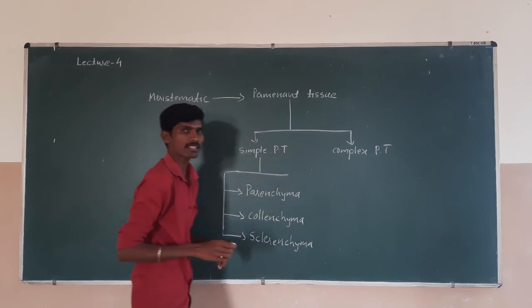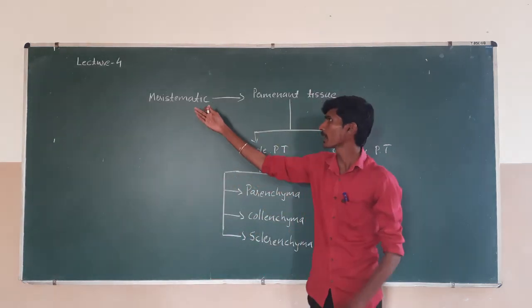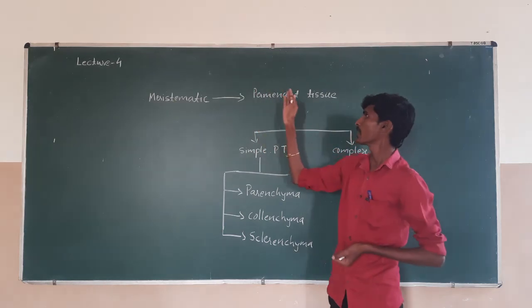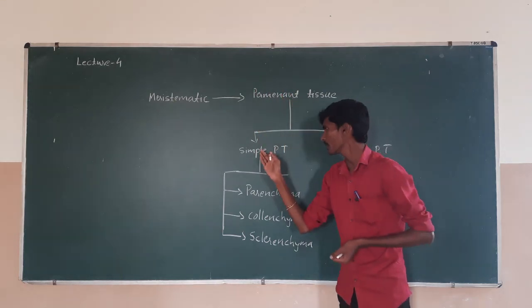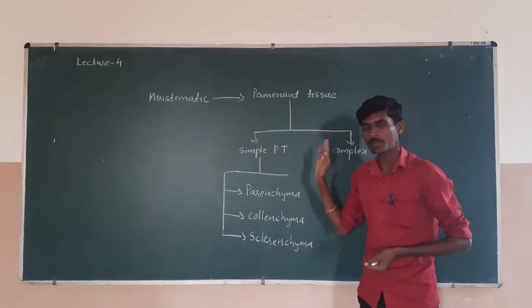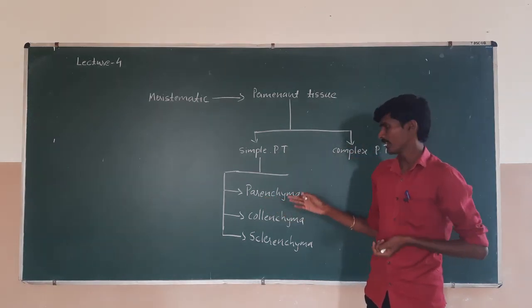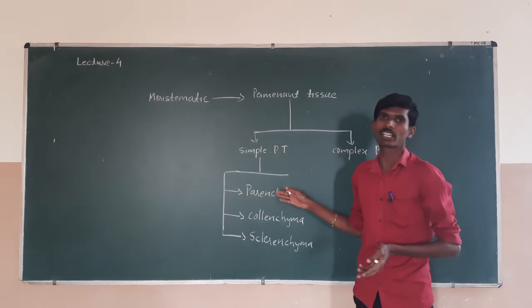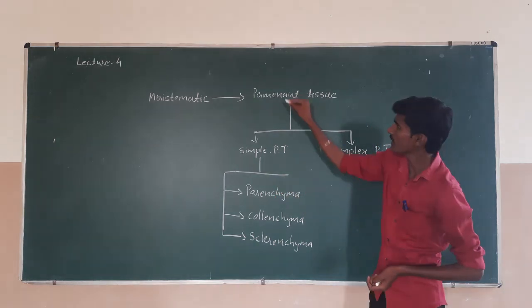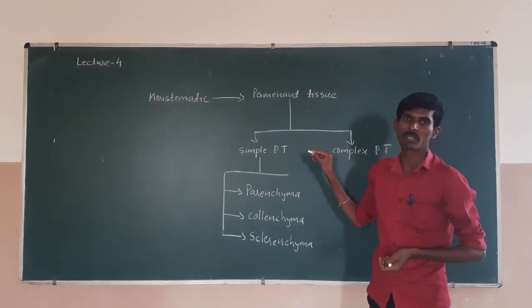In the previous class, what did we learn? The definition of the meristematic tissue, the permanent tissue, the simple permanent tissue, and also we drew a neat diagram of the parenchyma and its characteristics. All these things were completed in the previous class.